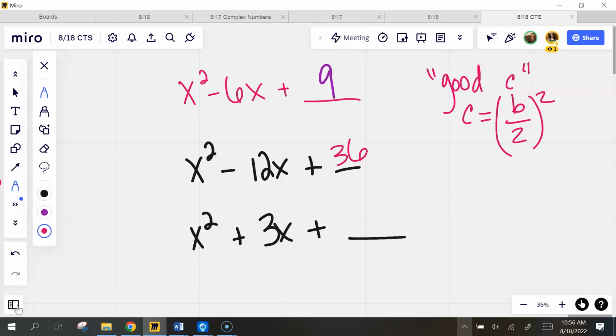What'd you do? You keep it as a fraction and square it. You just didn't square it. That's the only thing you didn't do. My good C here would be take the B, divide by 2, and square it. Oh, 4, I'm sorry. Getting excited.